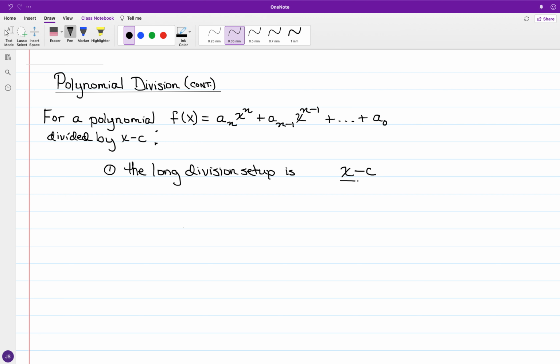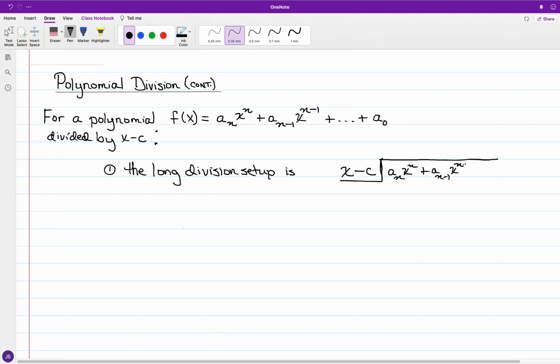You're taking this linear expression into a of n x to the n plus a of n minus 1 x to the n minus 1, and so on.